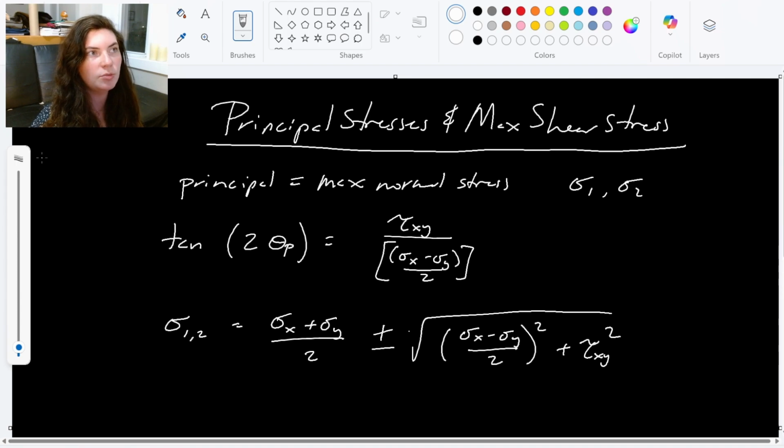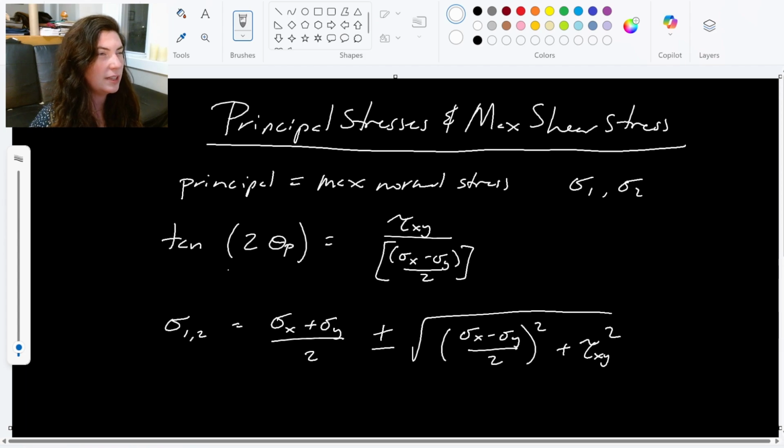Right, so this plus or minus here, this square root, since a square root can give us a plus or a minus answer, that's what gives us 2 different values for the principal stresses, right? So sigma 1 and sigma 2, one is in the new x direction, one is in the new y direction, but it's unclear which is which, so we just say sigma 1 and sigma 2, they're going to be our maximums 90 degrees from each other.